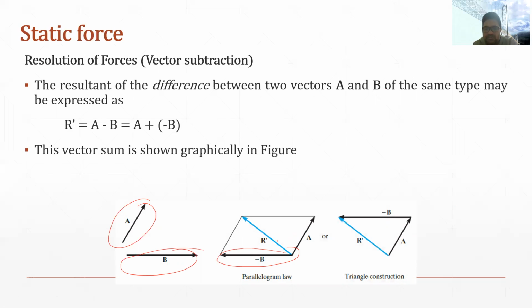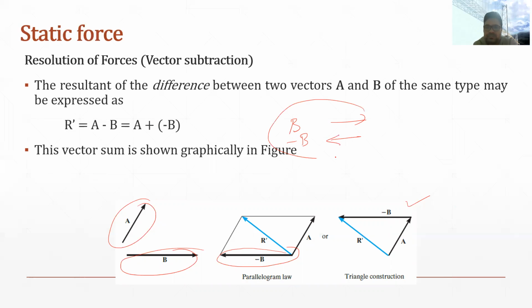And similarly, in the same fashion, we can subtract using the triangular rule also. In that case the direction of the force, I mean the sense of the force, is opposite. So when we say B, the sense may be like this. When we say negative B, the sense will be opposite to it.